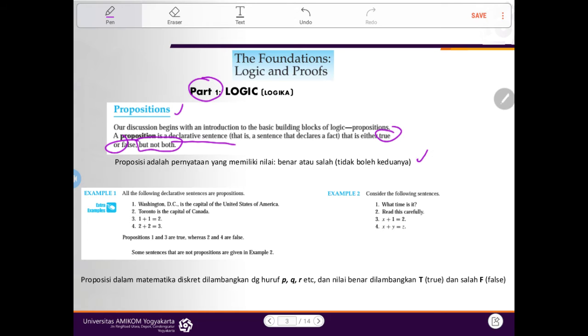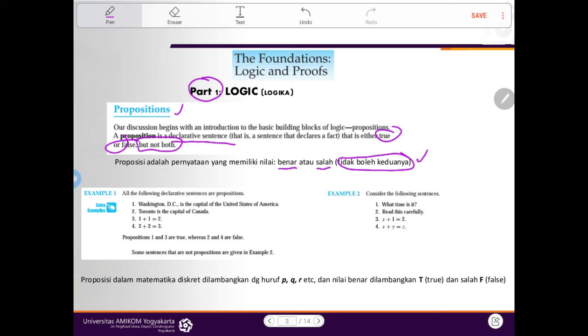And this is in bahasa: proposisi adalah pernyataan benar atau salah. We cannot have both, jadi hanya boleh salah satu.